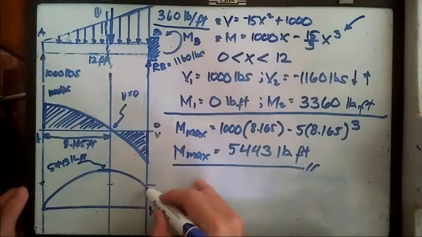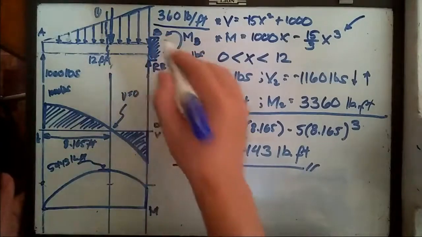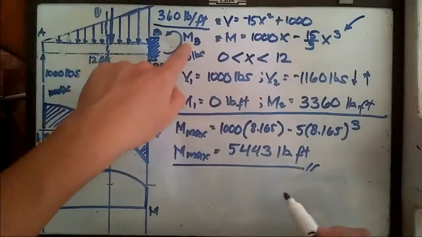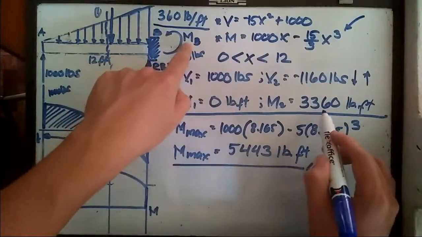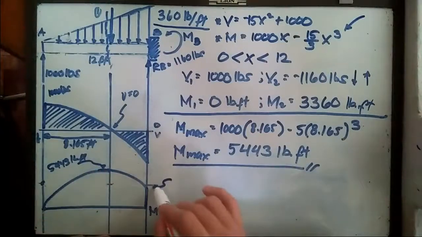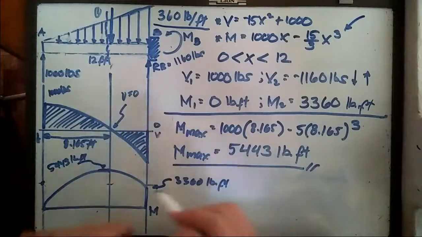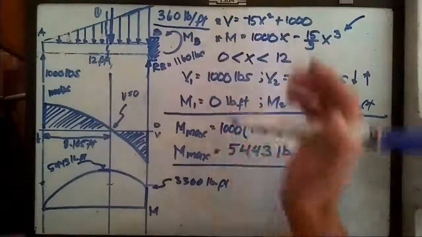Okay, and then go back to 0, because that is the end of the beam. Don't forget that we have here M sub B equal to 3,360 also. So all we need to do is to go down. So this portion is 3,360 pound foot, and then return to 0, because that's the end of the beam.